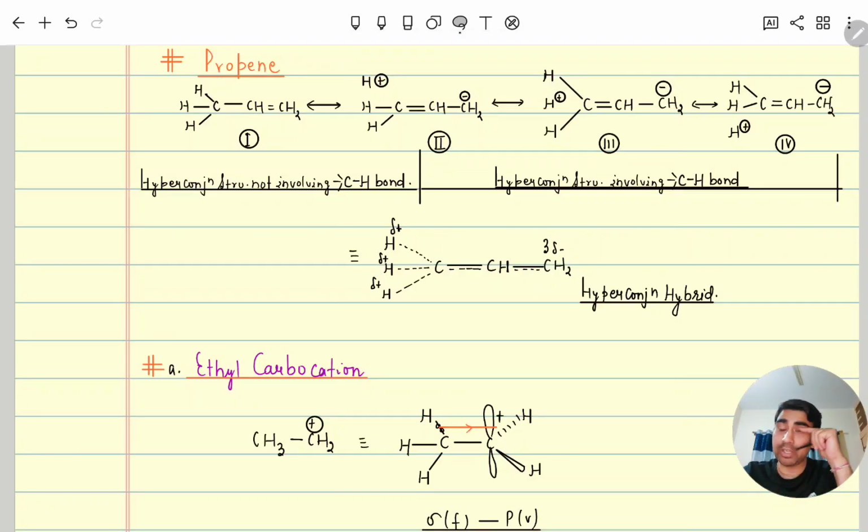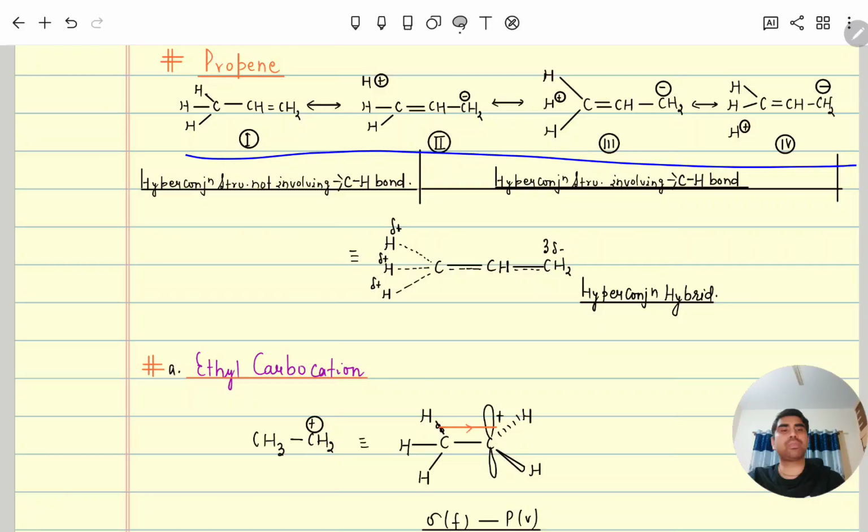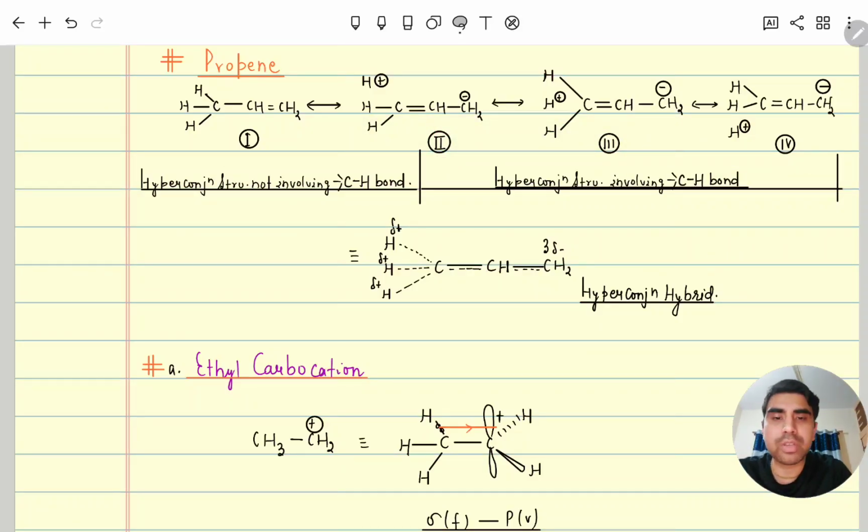This is a hypothetical structure where the hydrogen bond completely gave its sigma electron to the adjacent p orbital. Similarly this hydrogen is giving, and similarly this hydrogen. So you can see these three hyperconjugation structures in which the carbon hydrogen bond is completely involved, whereas here it is not involved, just the structure without involving the CH bond. So in total we can draw four hyperconjugation structures.